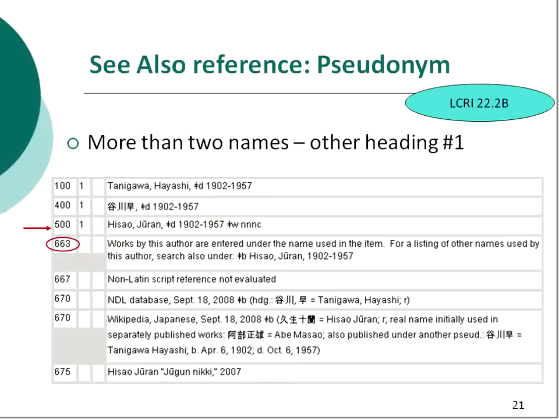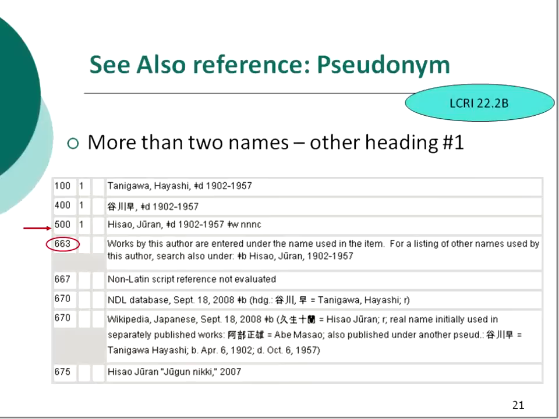This same 663 field would be used on each name authority record that isn't the basic heading. In other words, for all the other headings, the same 663 is used.